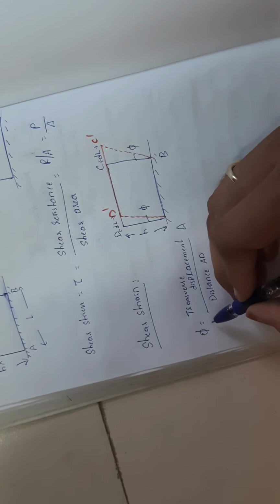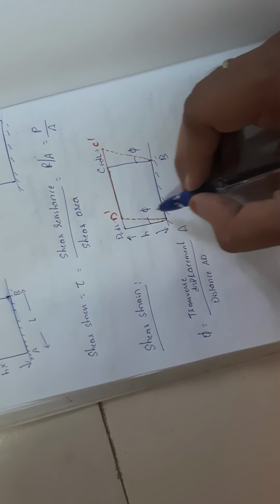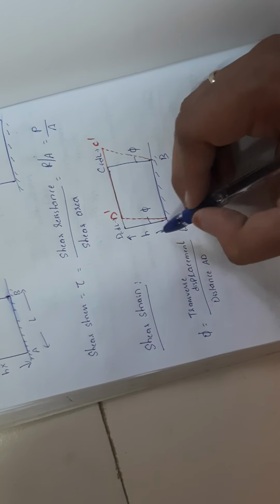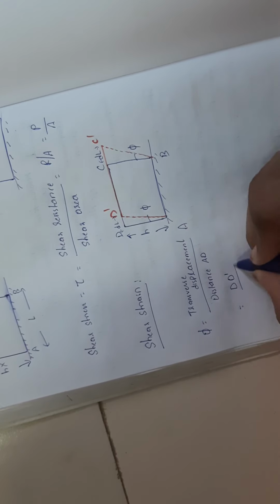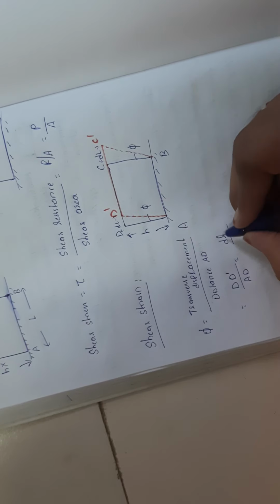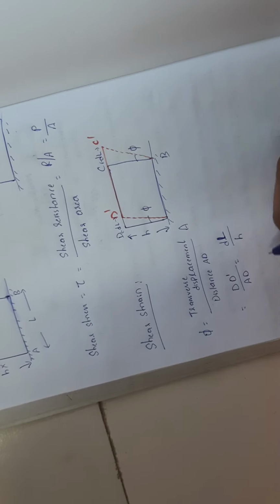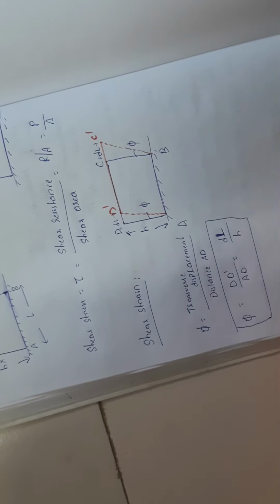For small angles these lengths can be taken as equal. So this is DL by AD, which is DL by H. This is phi. This is how you can calculate the shear strain.